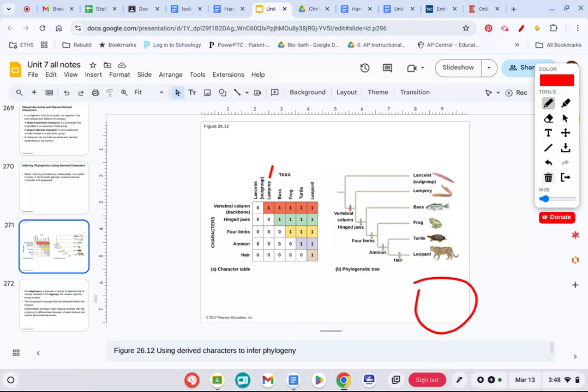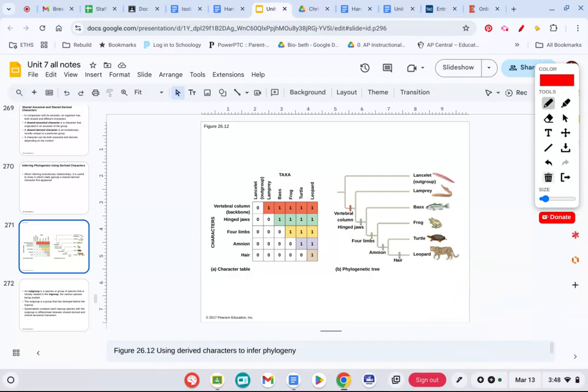It looks like that's the mouth and these are the teeth. That's kind of a bad drawing, but there's no hinge on it. They're just little guys here. That's a lamprey, and they don't have any hinge. They obviously don't have limbs. They don't have an amniotic sac, and they don't have hair.